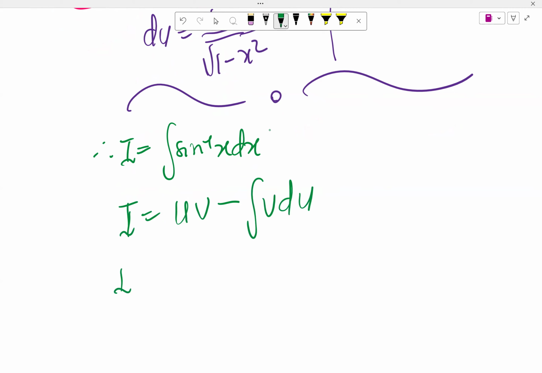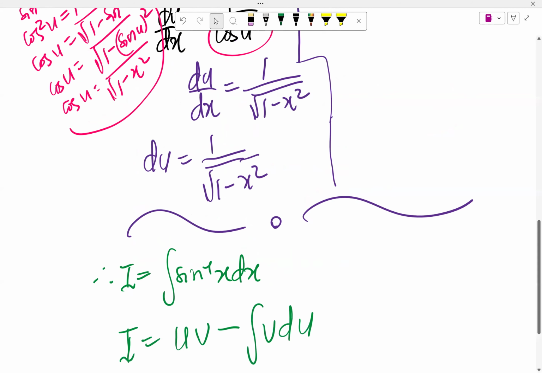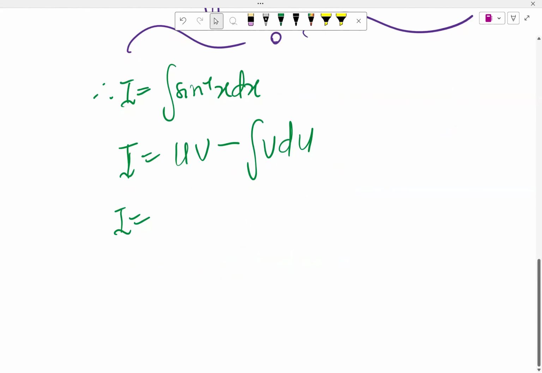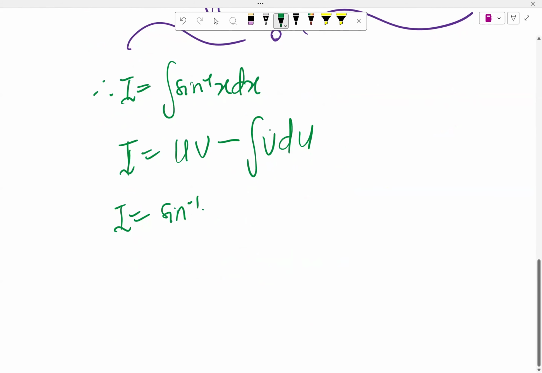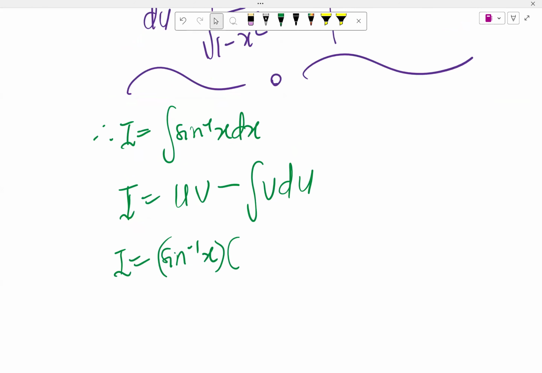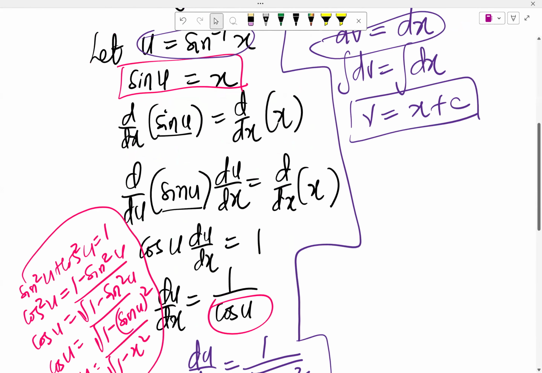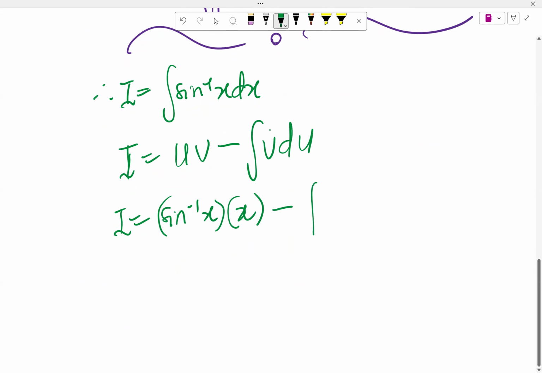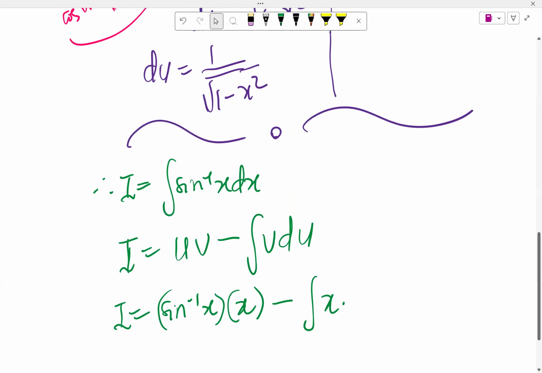So what is u? Again, u is arcsin of x, multiplied by v. What is v? V is simply x. You can leave the constant for now to avoid confusion. So v is simply x, minus integral of v. Again, v is x. And then du, that's this.